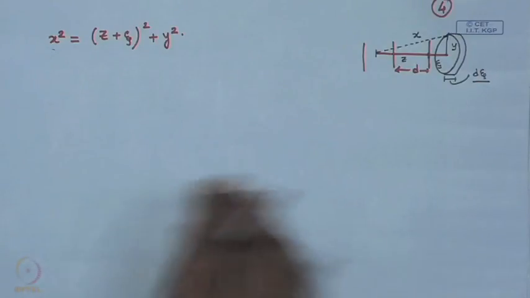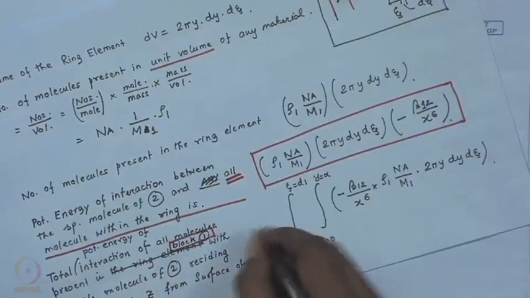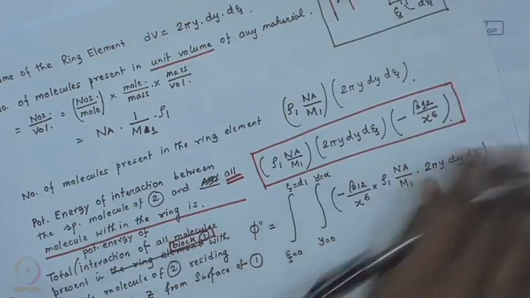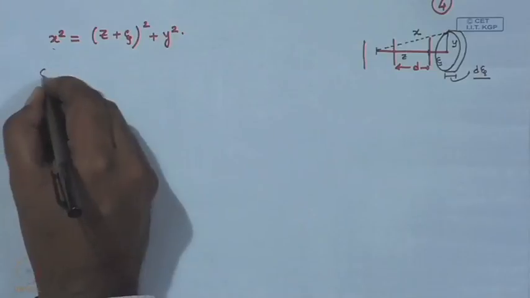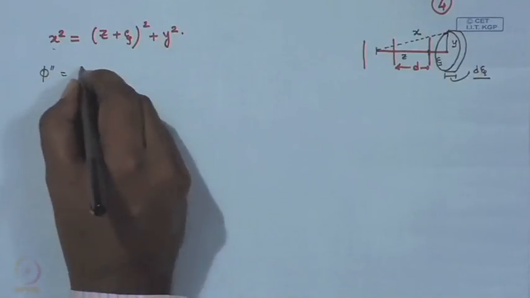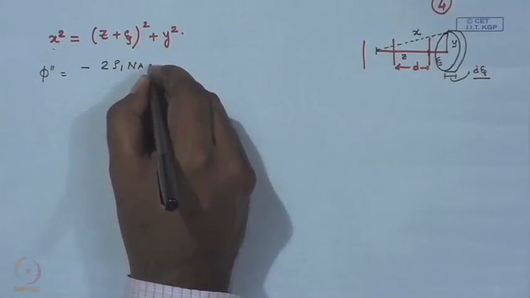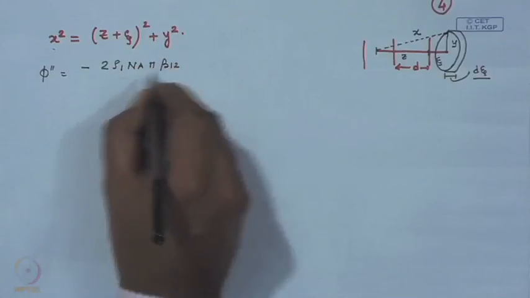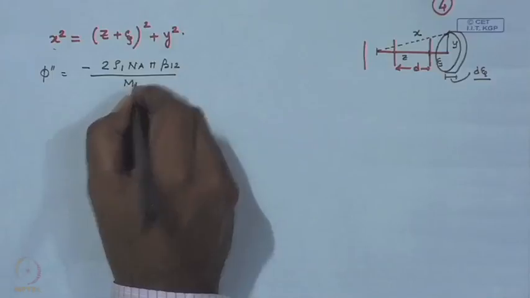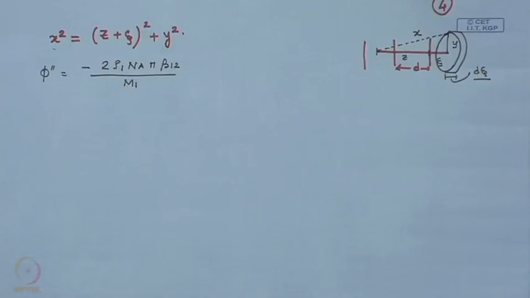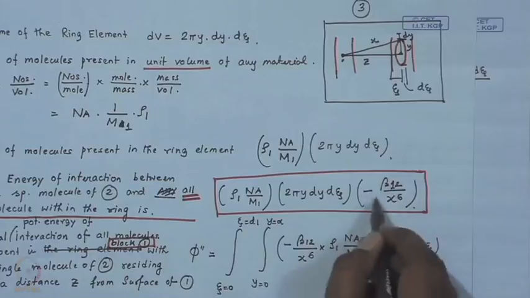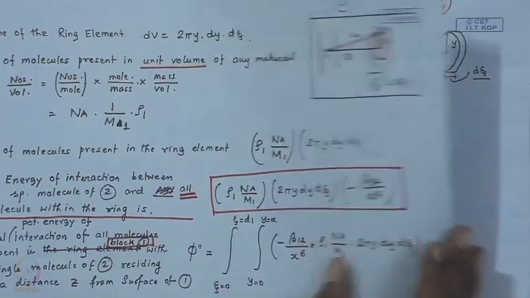Therefore, if we mark this as the phi double dash, so phi double dash turns out to be, all these are constants. The minus sign originates from the fact that we are talking about the attractive part of van der Waals interaction, which is always negative. So, the interaction itself contains this minus term, minus beta 1 2 divided by x to the power 6.